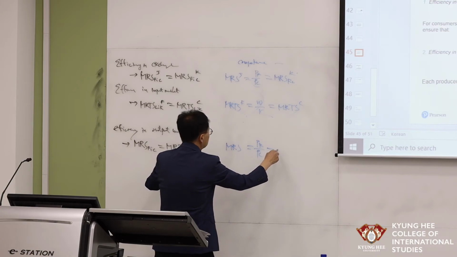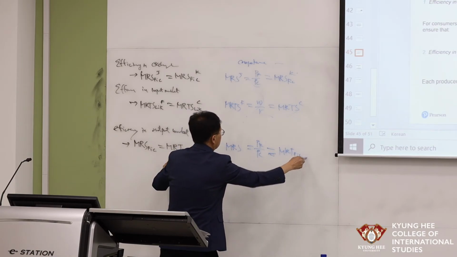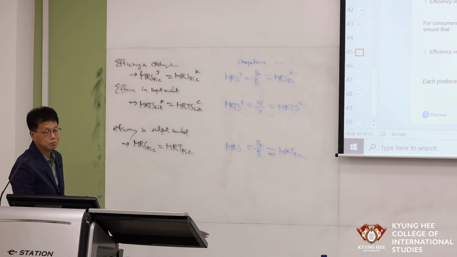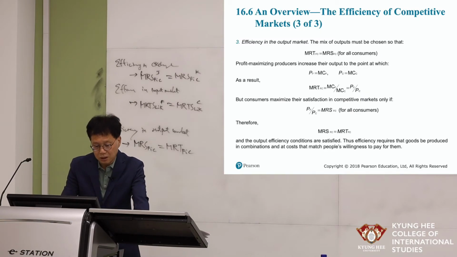Is equal to MRT. That is competitive efficiency in output market. Can you understand? That is explained in slide number 45 and 46, right? So now we go to 46.